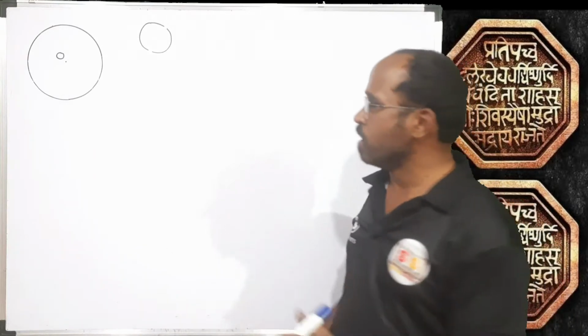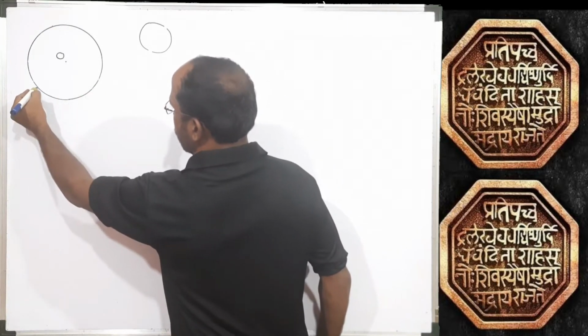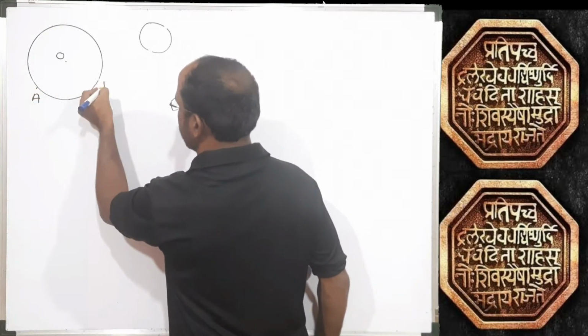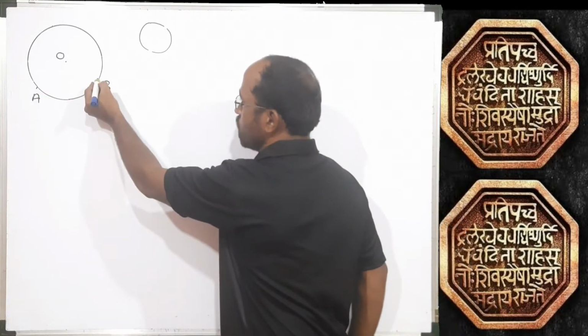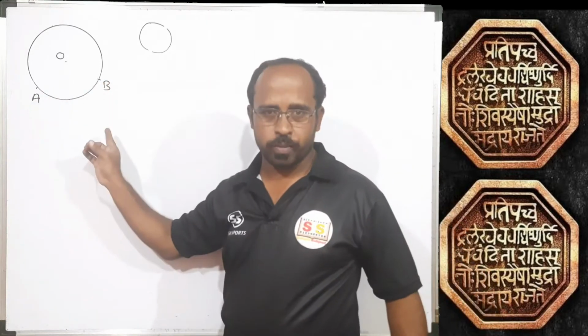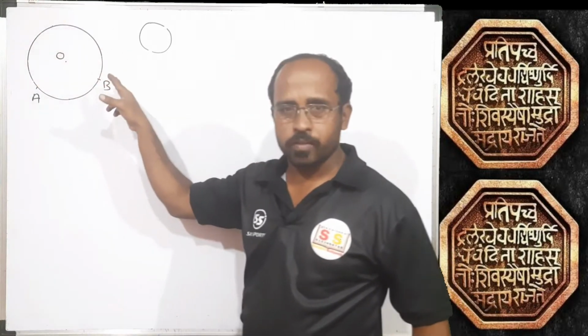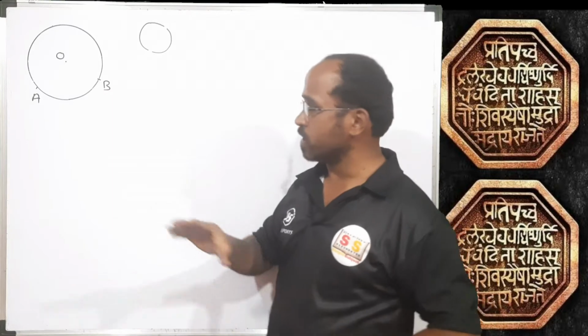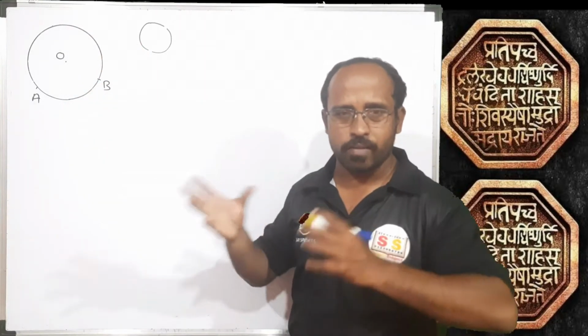Clear up to this? So suppose this is a circle of center O and from point A to B there is one arc. So similarly you can say there is another arc from point A to B, right? So how to differentiate between this arc and this arc as both have the same names?